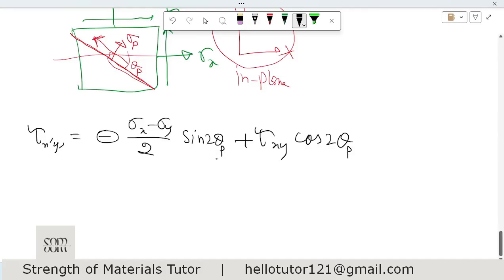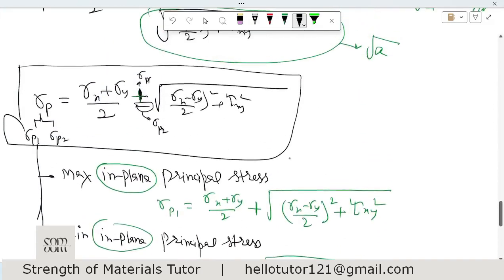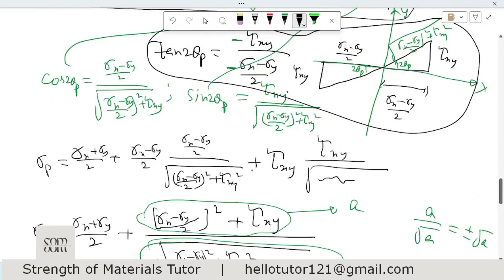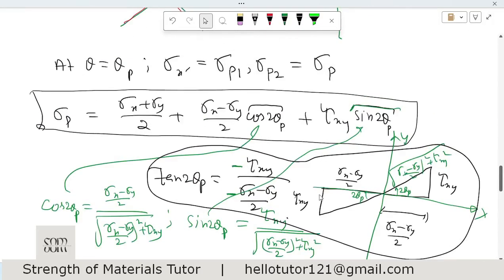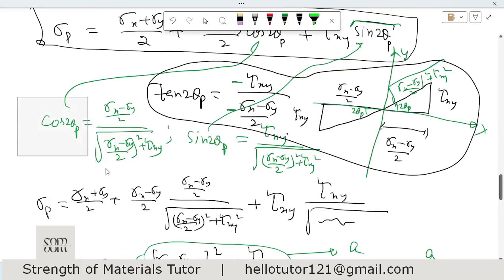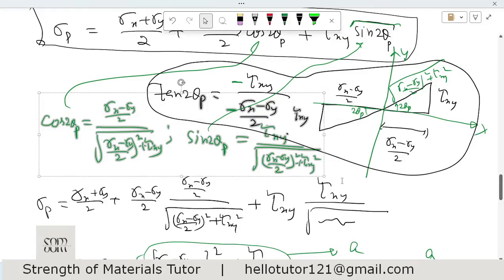When we put theta p here, we shift to the principal plane, so this stress is now the shear stress on the principal plane. Why? Because we put theta p here. So let us put the values of sine 2 theta p and cos 2 theta p. We already know these values of sine 2 theta p. Where are they? These two values, right?